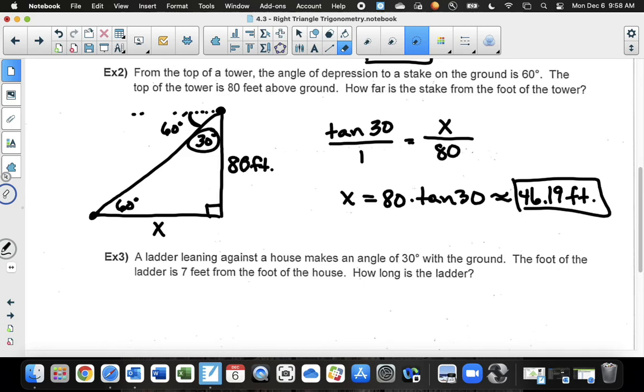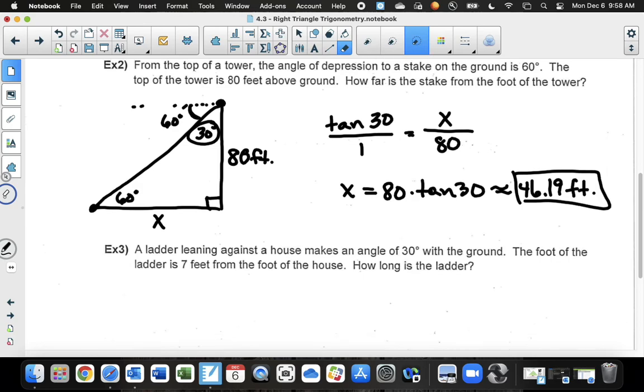All right, here's what I want you to do. Try the third one on your own. I'm going to give you a few minutes. Read the problem, set up the picture, and see if you can go through and solve it.